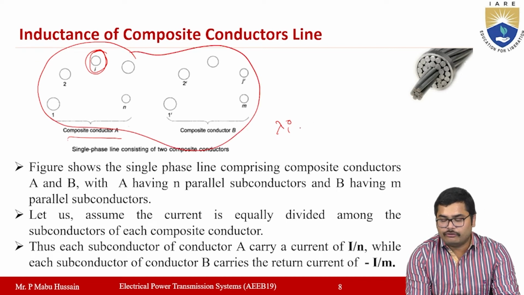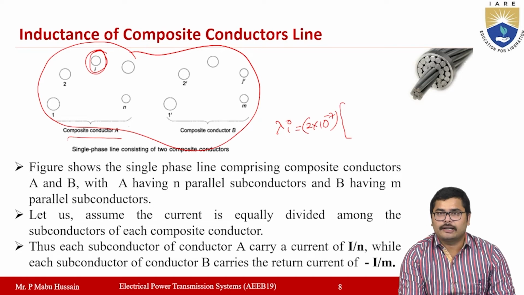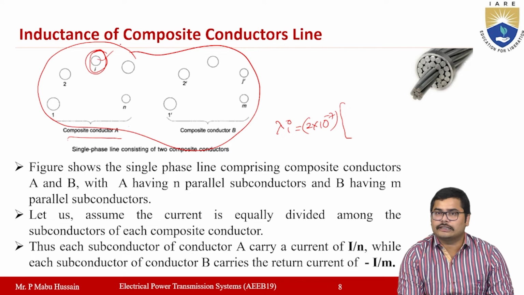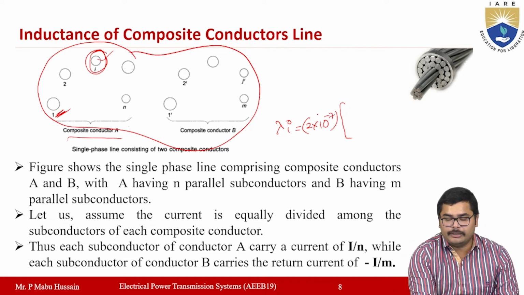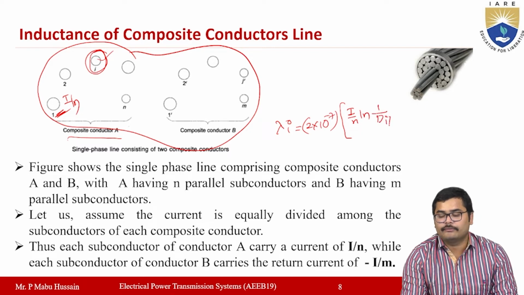In the total group, you have to consider the current flowing in all subconductors while writing the flux linkages for the ith conductor. If you consider the current flowing in the first conductor, that will be I by n into ln 1 by the distance from the ith conductor to the first conductor, which is di1.